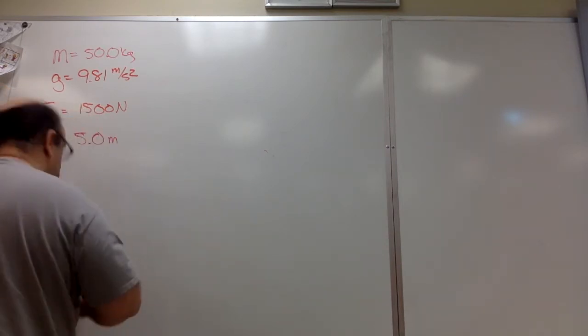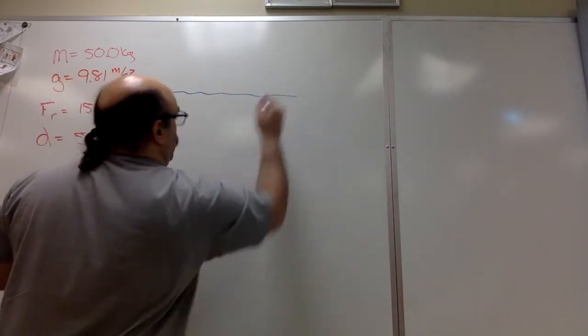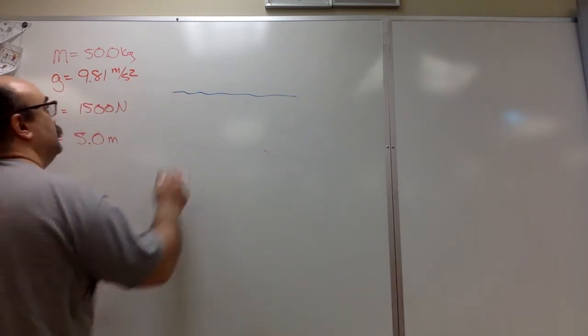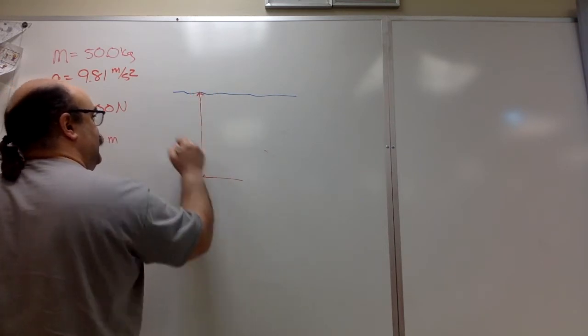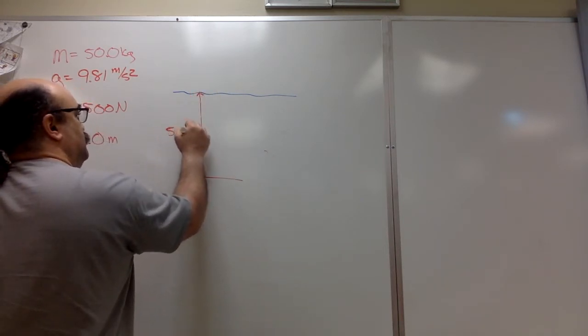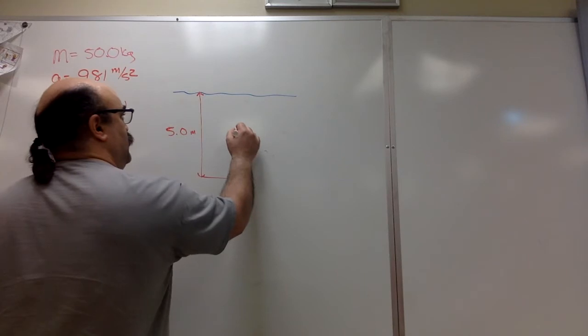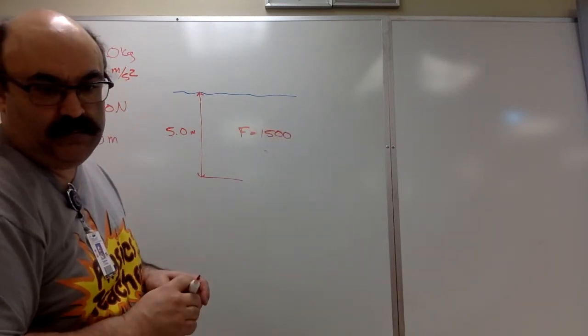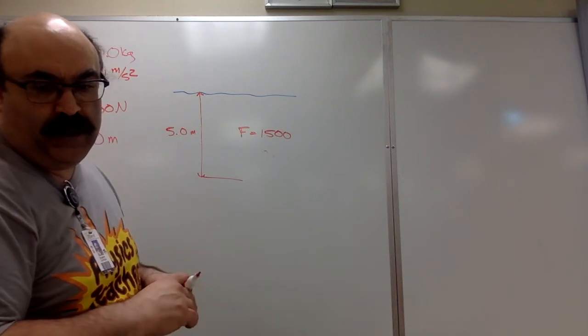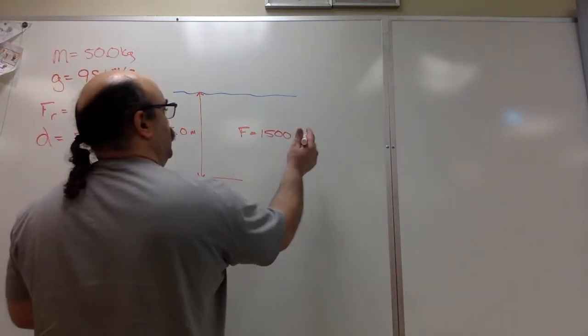So what do we have? We have diver hits the water. Diver falls down 5 meters. So we have this D that is 5 meters. And we have a force of 1,500. What are we going to do with that? Well, we know the net work.